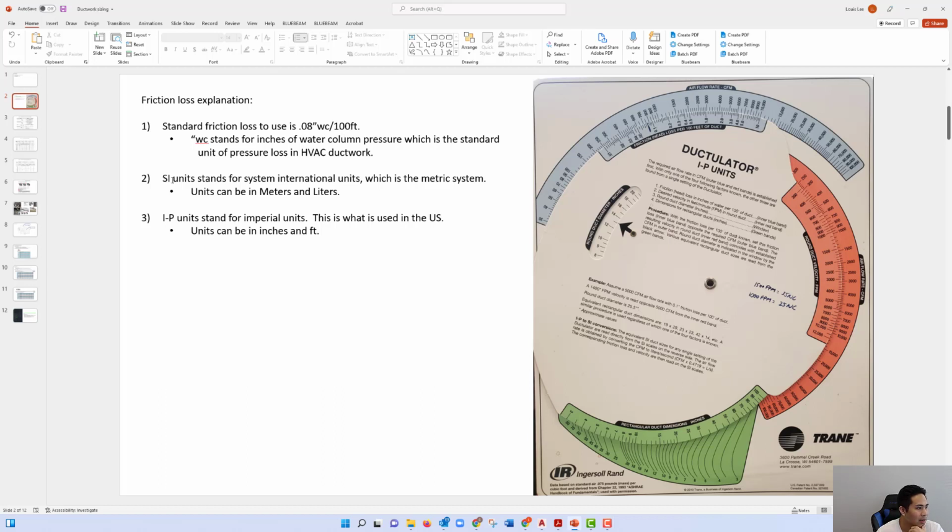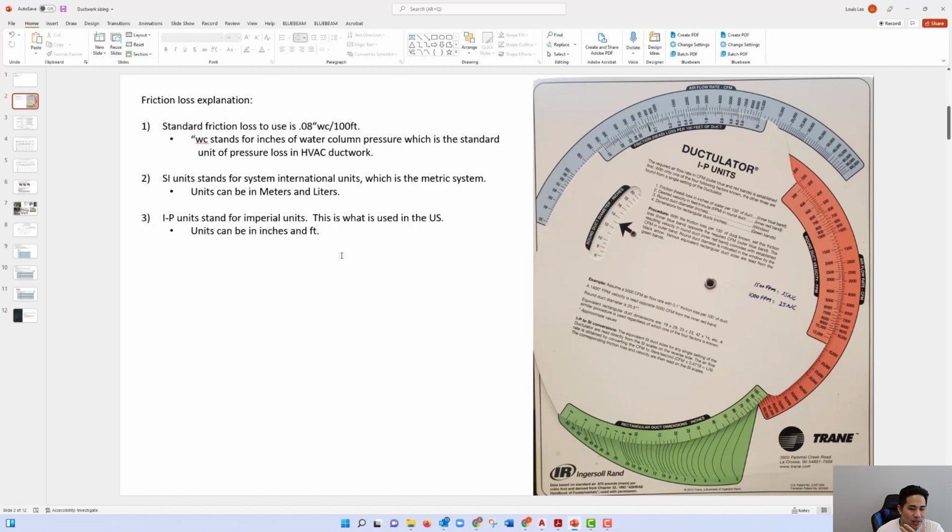So there's SI units, which stands for the System International Units, which is basically the metric system. The units can be in meters and things such as liters. In the US, what we use is the IP units, which stands for the imperial units, and these are basically units that can be in inches, feet, GPM.